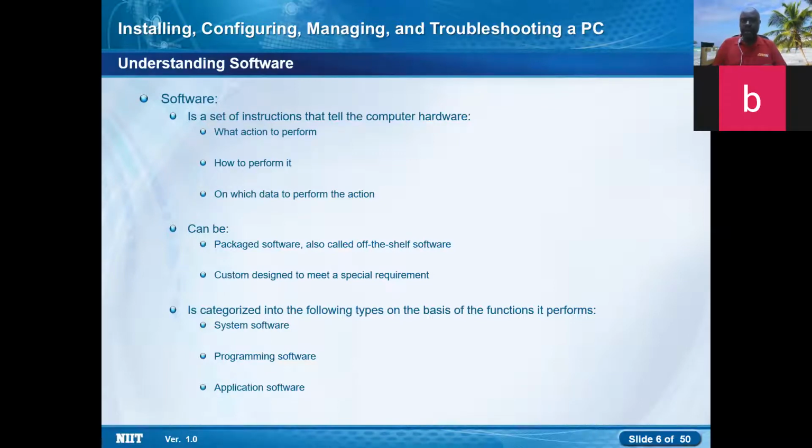And we say that computer software is classified into different types. First of all, you can have what is called the system software and the programming software and application software.